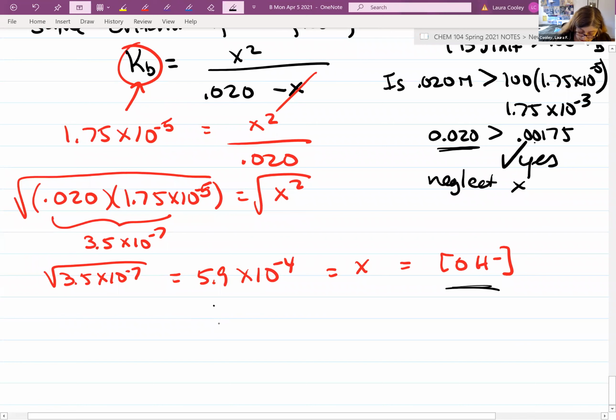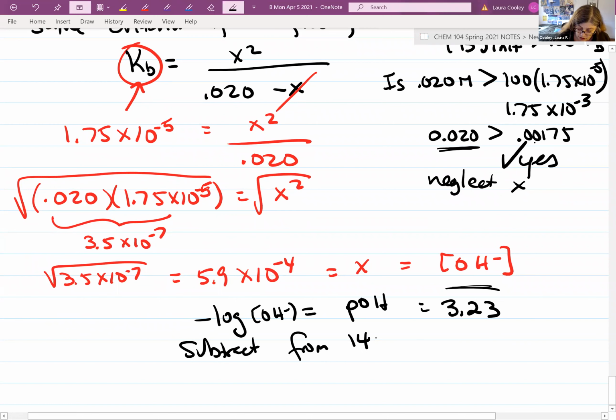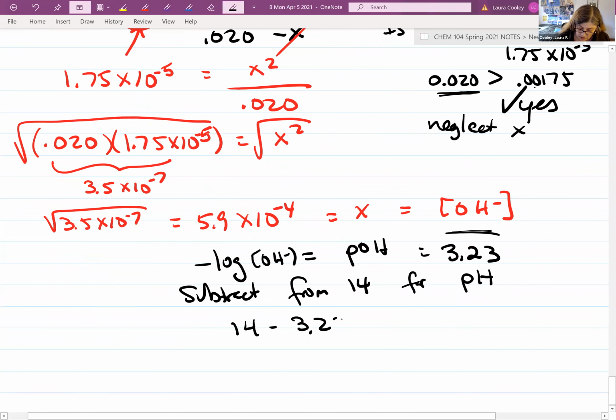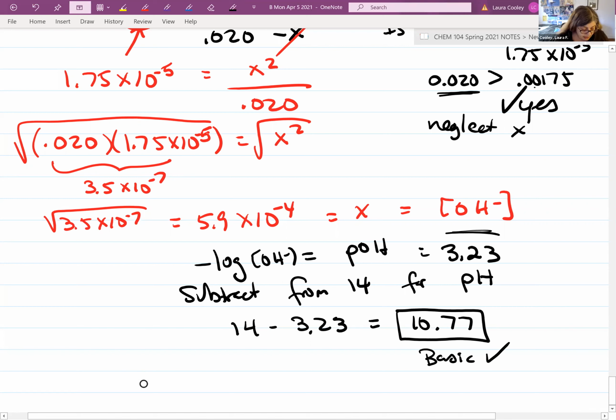So you take the negative log of the hydroxide, which is the pOH, which is 3.23, and then subtract this from 14 for the pH. So 14 minus 3.23 is 10.77. If you gave me the answer 3.23, it doesn't make much sense because that's acidic. We know this is a solution of a weak base. The pH should be above 7. So this is basic, so that makes sense. Okay.